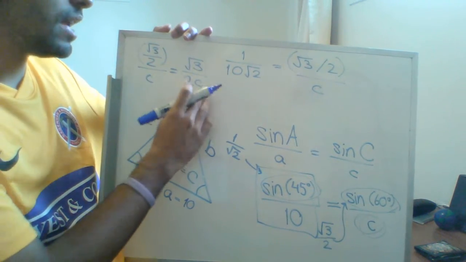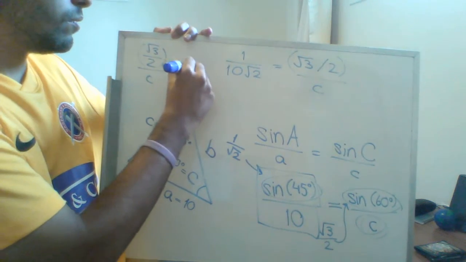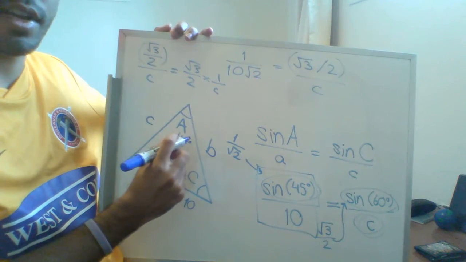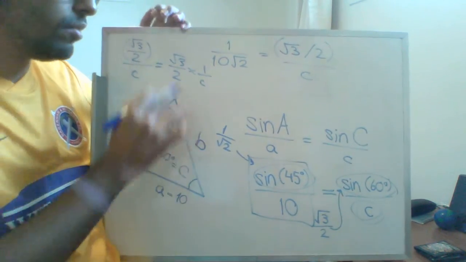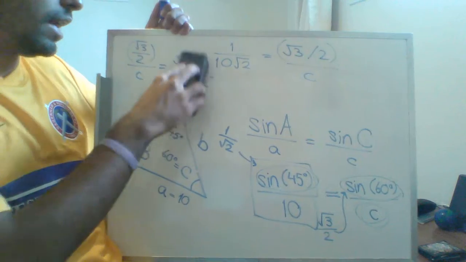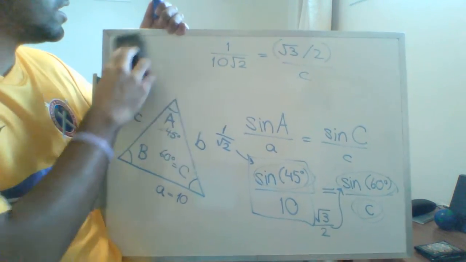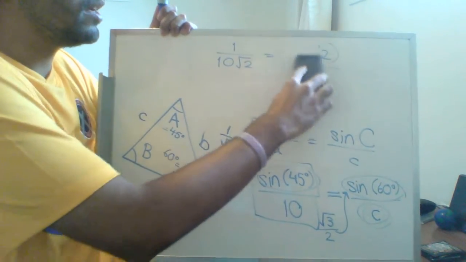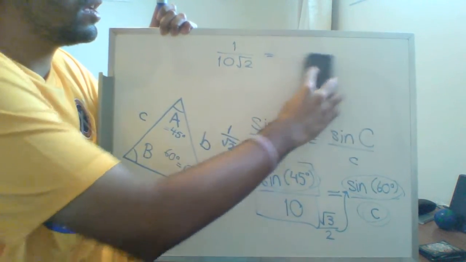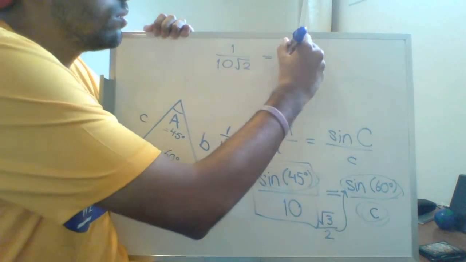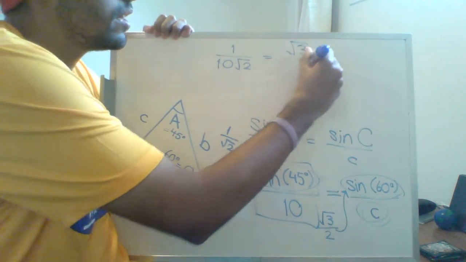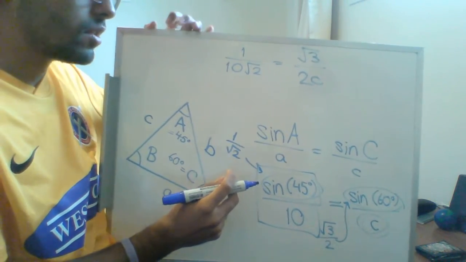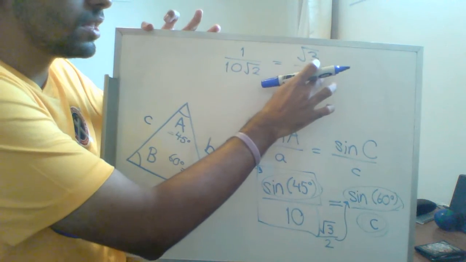It's basically the same as doing root 3 over 2 times 1 over c. If you're not sure, let me know, but this is what you get. So we need to figure out what little c is.